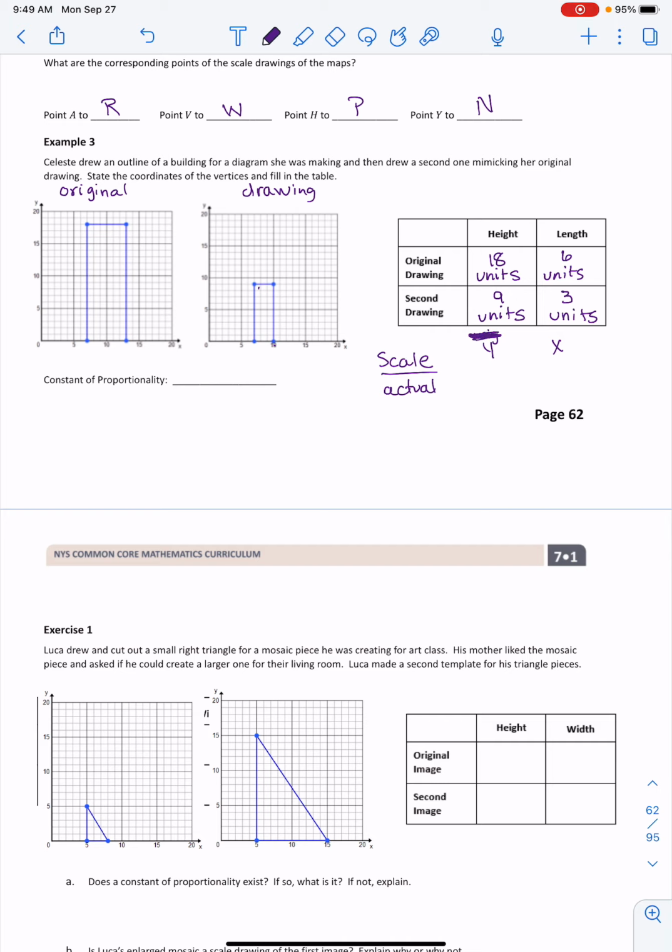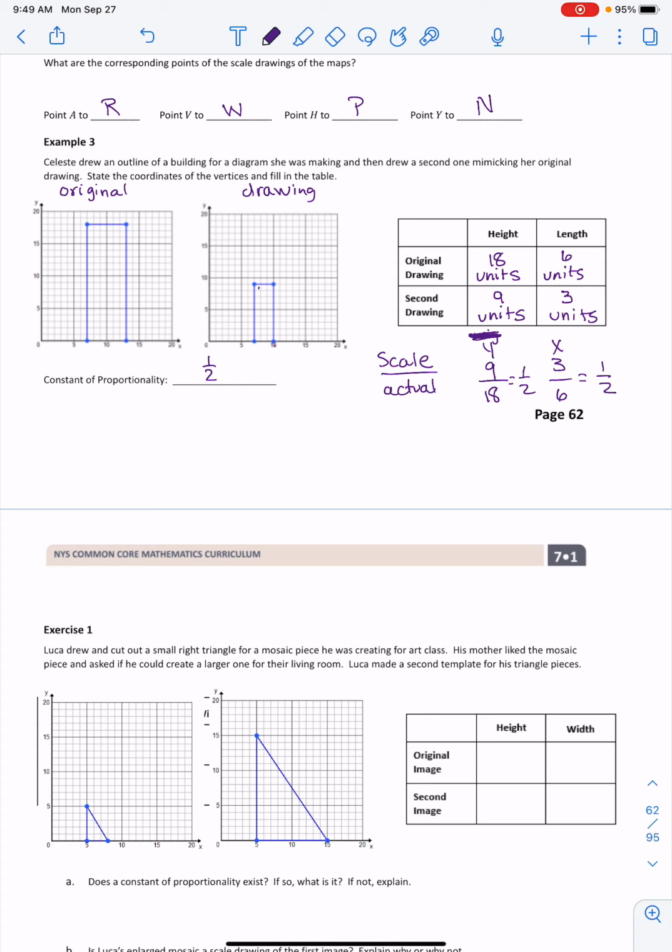Okay, so our y value of the scale is 9, and the x is 3. The actual y is 18, and the x is 6. So if we simplify each of these, we have 1/2, which means our constant of proportionality is 1/2.